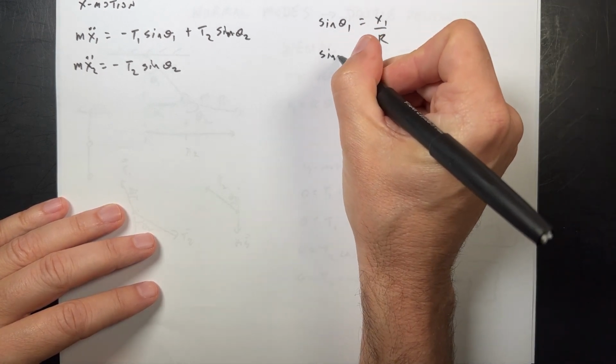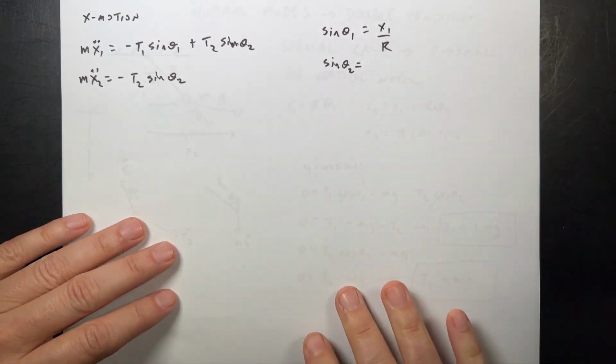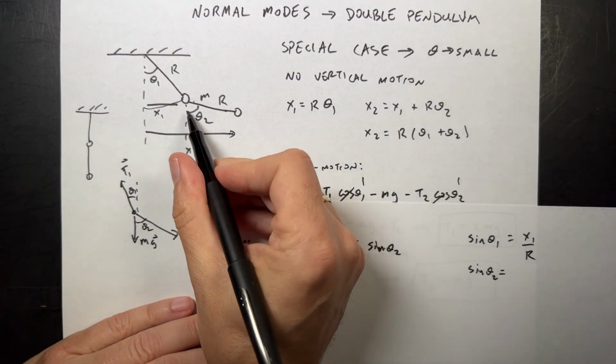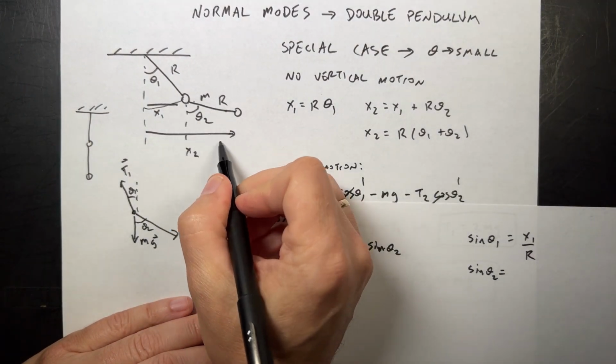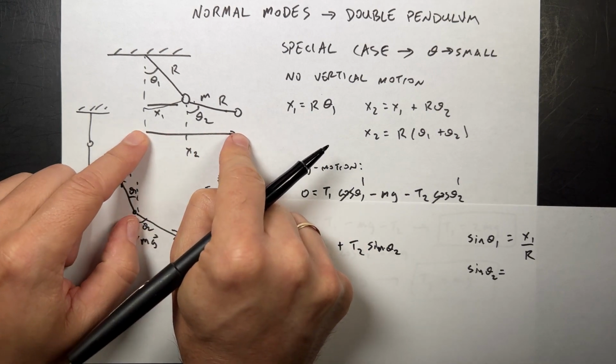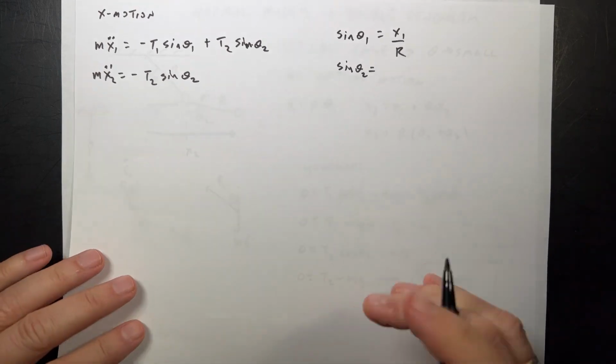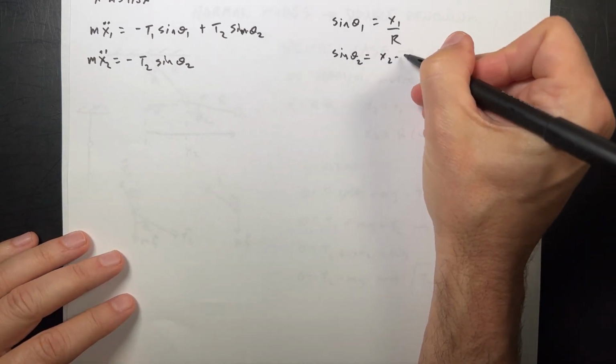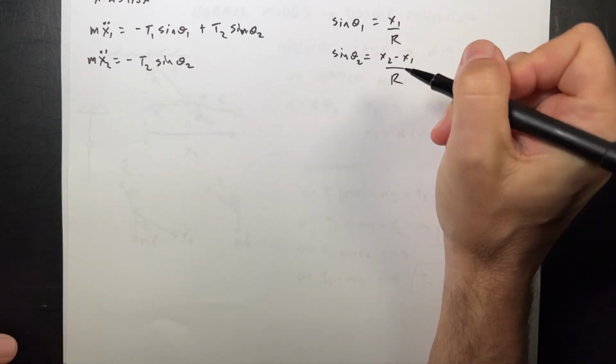Sine of theta 2 is going to be equal to this distance right here over r. And this distance is the total distance x2 minus x1. So this is going to be equal to x2 minus x1 over r.